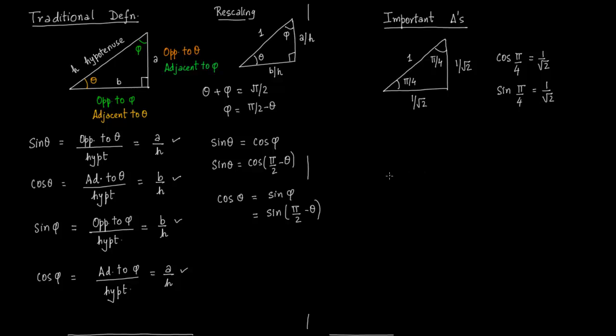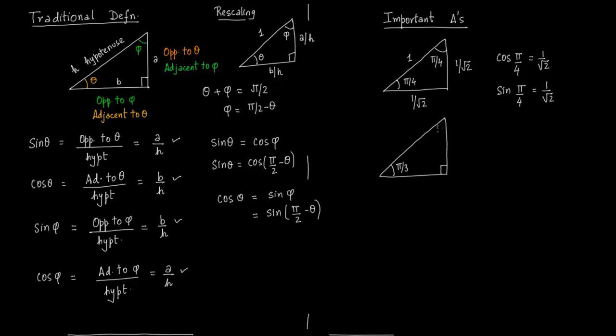From the definition, since we had made hypotenuse 1, you just have to see sides opposite to the angles. So very easy, because of rescaling, sine theta will just be opposite to angle theta, and hypotenuse is 1, so you divide by 1, you still get side opposite to angle theta.